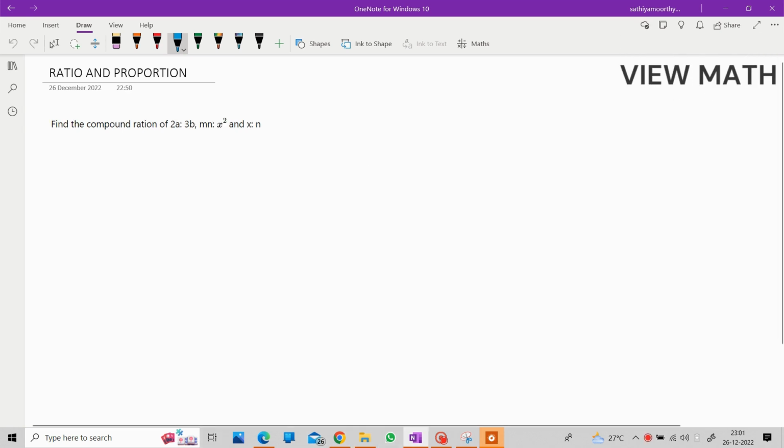Now let's see the next problem. Find the compound ratio of 2a is to 3b, mn is to x square and x is to n.